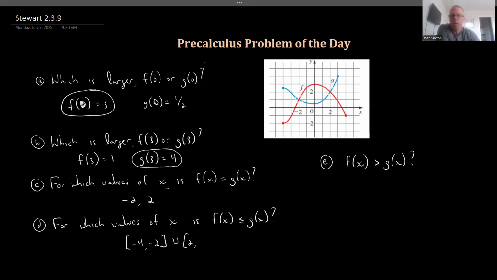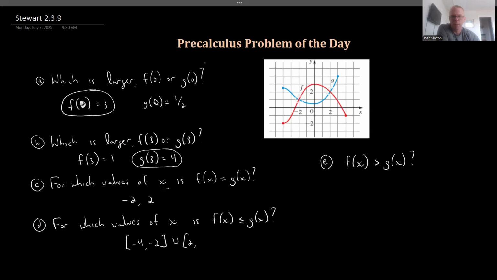And actually, g stops at 3. So we don't need to include anything after that because it's irrelevant. We're not given any information about g after 3, and it is possible that g could jump way down. We don't know after 3 whether g of x is above f or not, because g apparently doesn't exist after that.